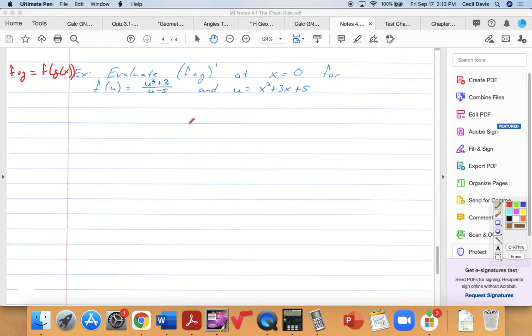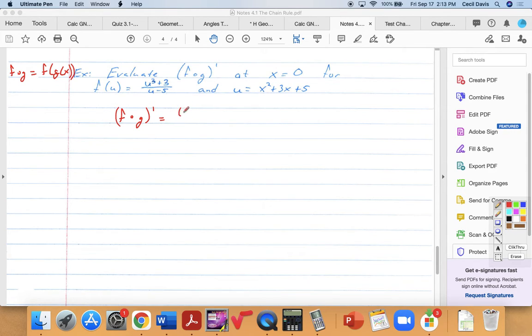So what we can do here is take the derivative of the outside part with respect to u times the derivative of u with respect to x. So f of g prime is going to be equal to, we'll start by taking the derivative of f with respect to u.